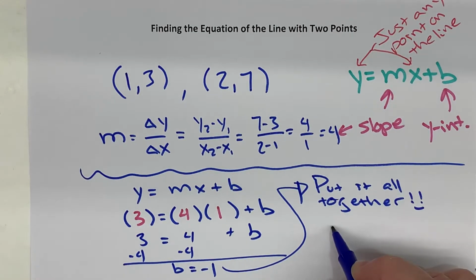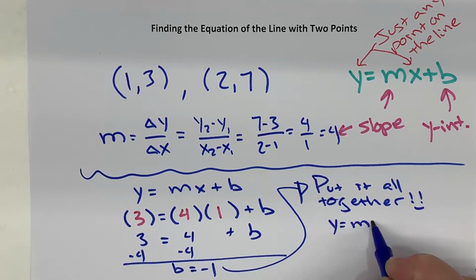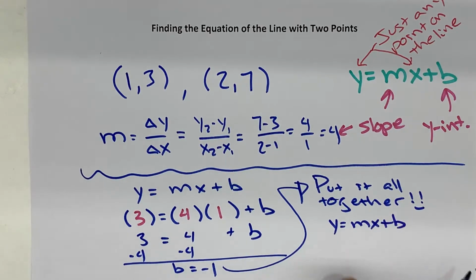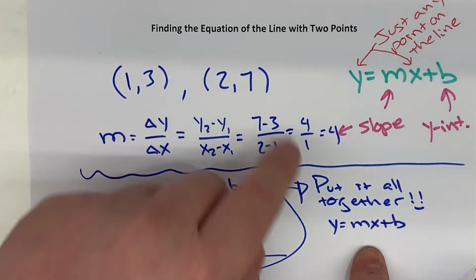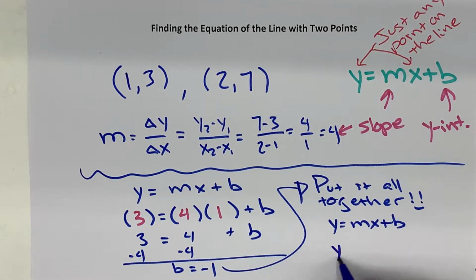So what do I have? I had the equation y equals mx plus b, and now for our specific one that runs through these 2 points, it is y equals the slope 4x plus the y-intercept, which was a -1, so -1.